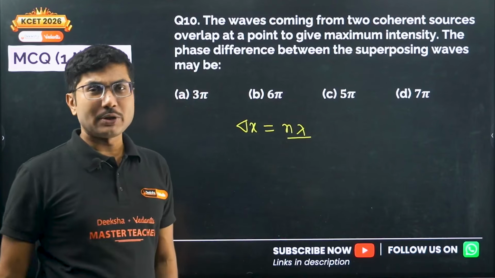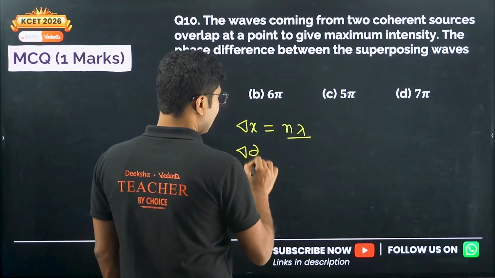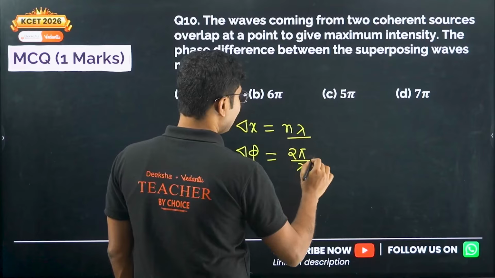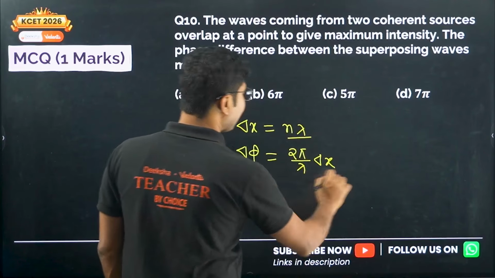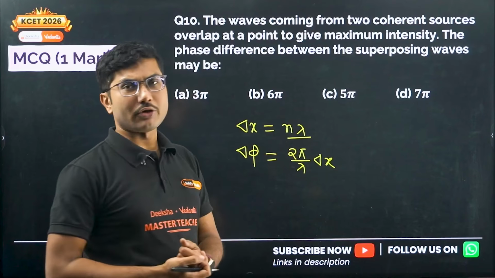What is the relationship between path difference and phase difference? The phase difference, delta phi, is given by 2 pi by lambda into delta x. It does not matter whether it is constructive or destructive interference, this relationship is always true.